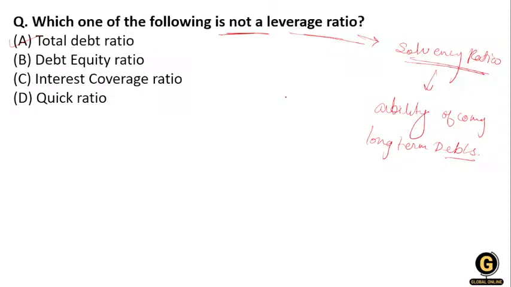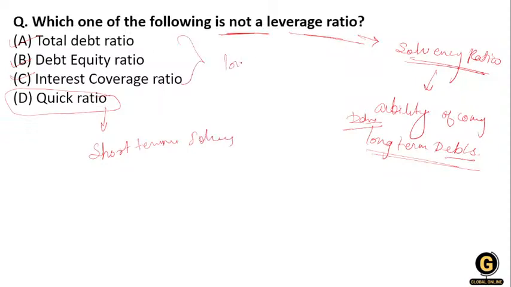Total debt ratio is about long term debts. Debt equity ratio is also about long term debts. Interest coverage, the interest the company pays to the debenture holders, is also a solvency ratio. But the quick ratio is not a solvency ratio. You can say it is for short term solvency, while these others are related to long term solvency. That's why the quick ratio is not a leverage ratio.